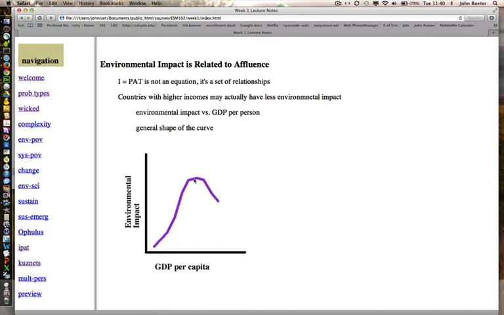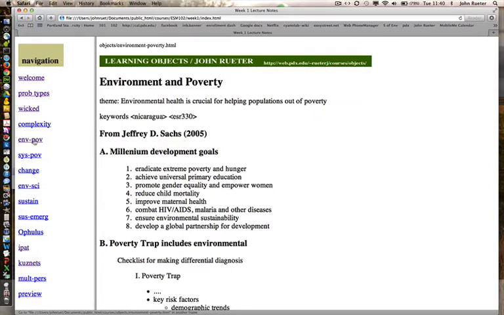All right. So one of the things we're going to be looking at in this course is how there's a relationship between the environment and poverty of, say, the Earth's poorest couple billion people.